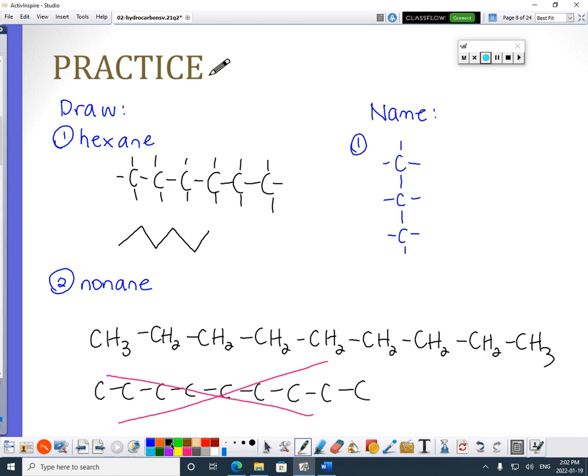So, like I said, sometimes students prefer to name and sometimes prefer to draw because you kind of get to control how it looks. So this is legit, but you're sort of at my mercy, right? I'm drawing this and you have to write the name. So you check. How many carbons does it have? 1, 2, 3. What's 3? Prop. And then you check. It has single bonds, so it's propane.